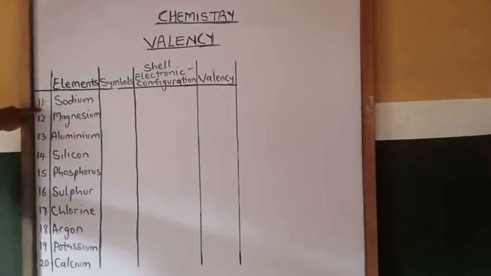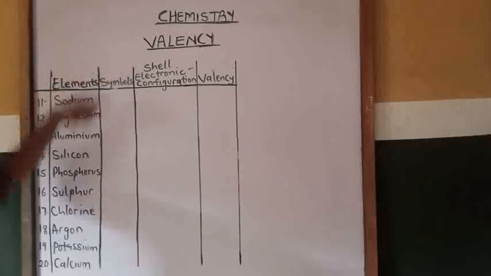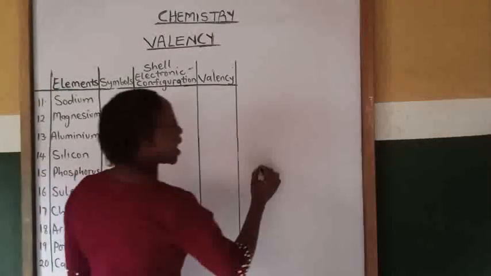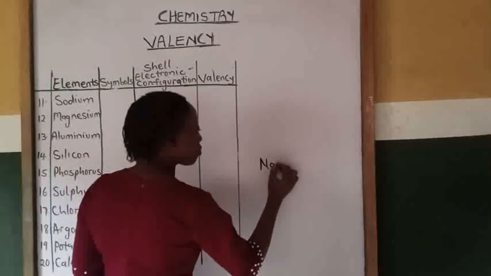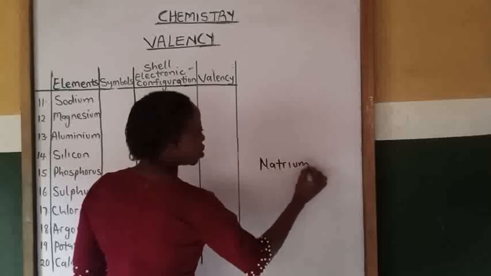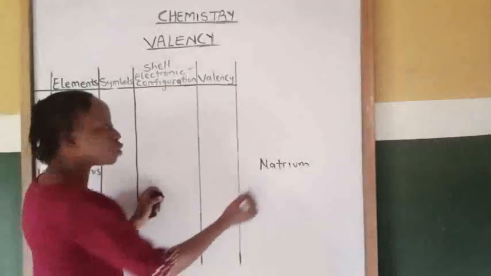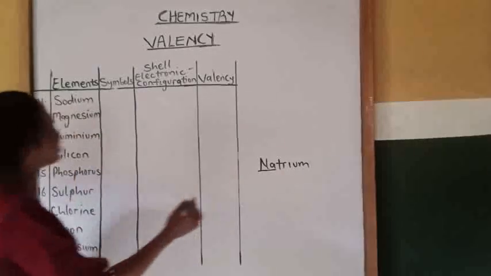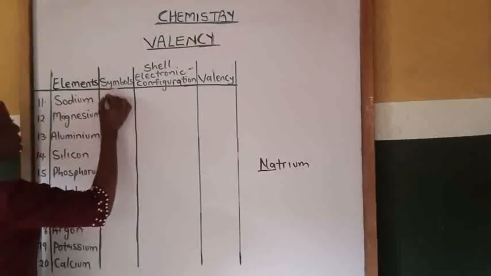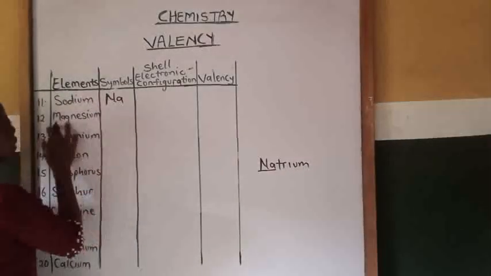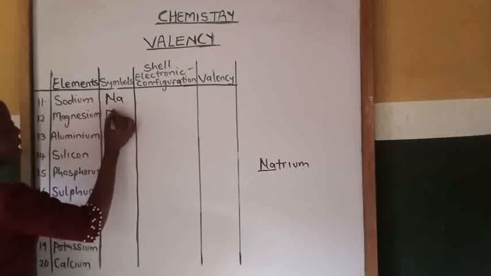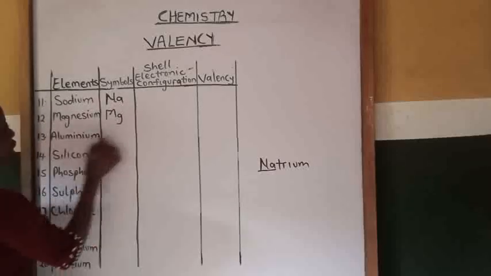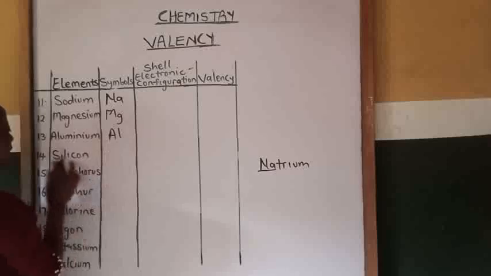Element number 11 is called sodium. The chemical symbol for sodium is derived from the Latin word natrium. So the first two letters give the chemical symbol for sodium, Na. Then followed by magnesium, which is Mg. Aluminium is Al, the first two letters.